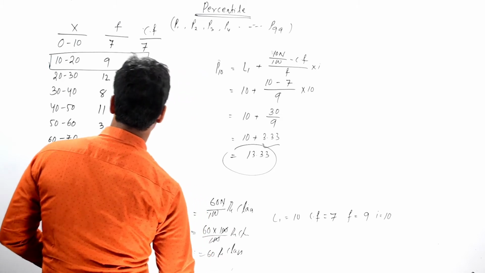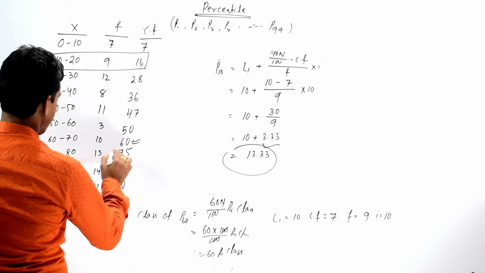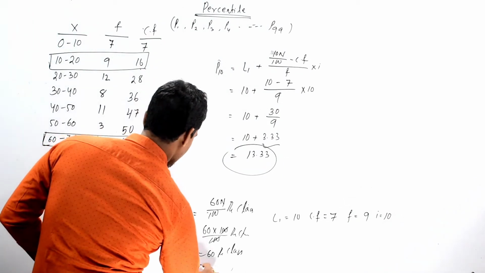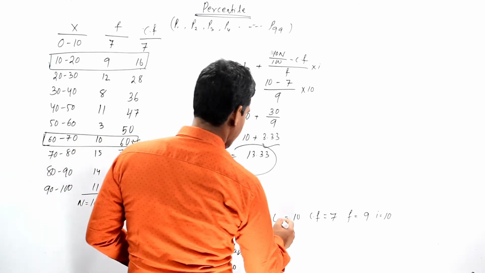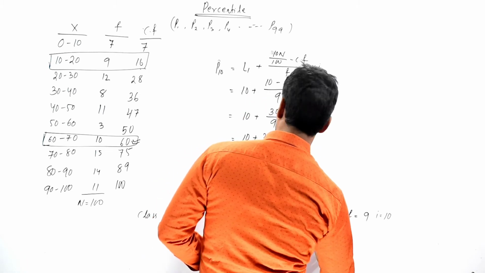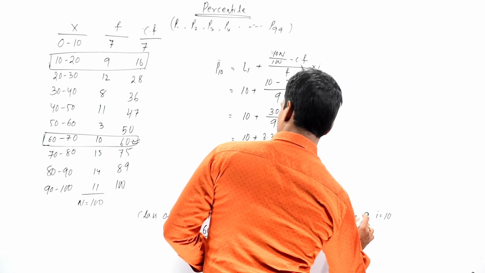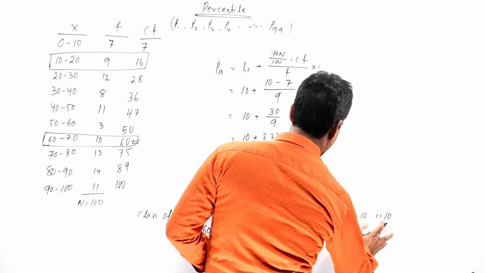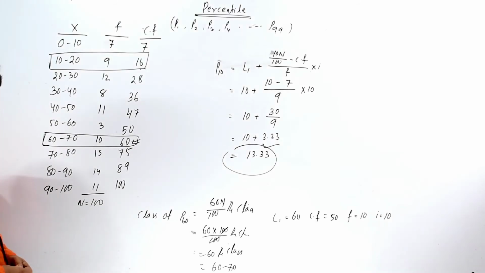As our 60 comes within 60, our class is 60 to 70. Here L1 is 60, CF, preceding the percentile class, is 50, F, the frequency of the percentile class, is 10, and I, the class interval, is also 10.